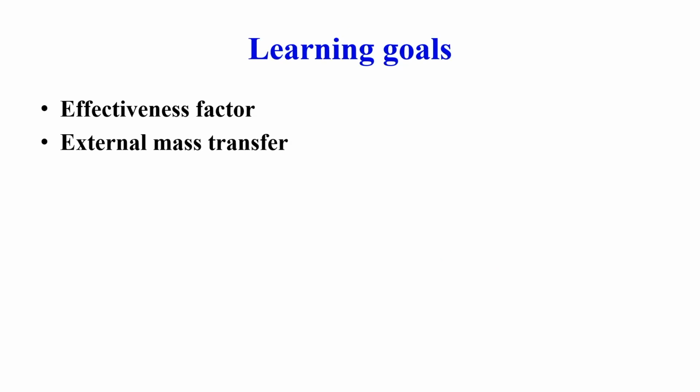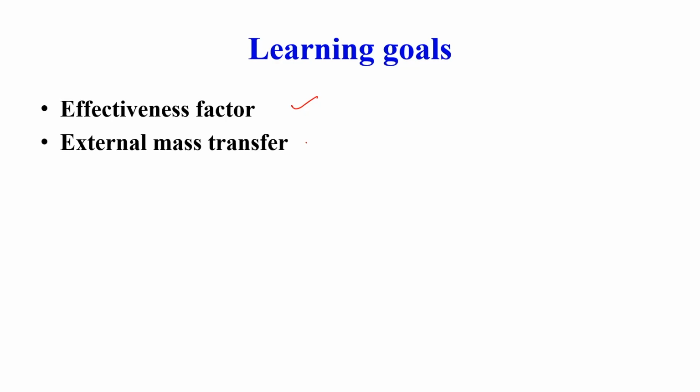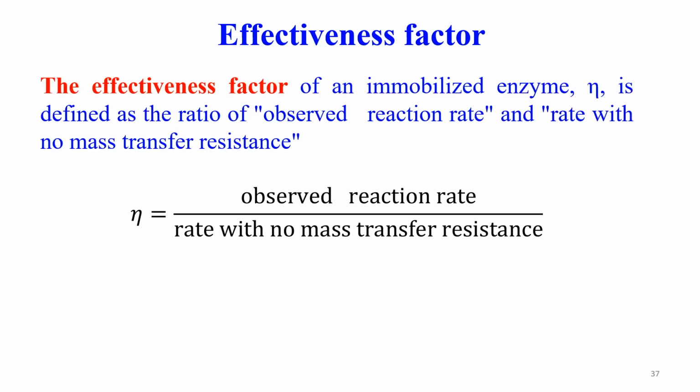So, today we will discuss how to define the effectiveness factor, meaning the rate of reaction in the absence of immobilization and in the presence of immobilization, and today we will discuss external mass transfer. Effectiveness factor, as the name suggests, is how effective the immobilization is.